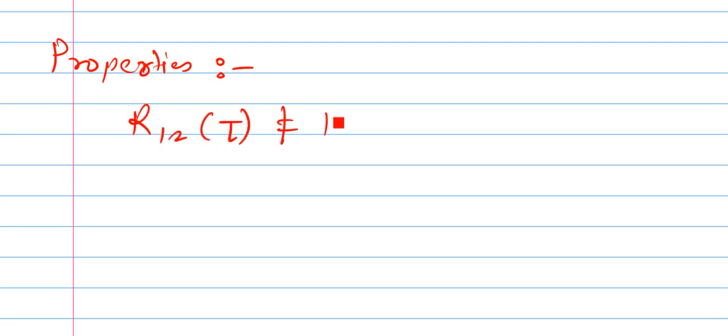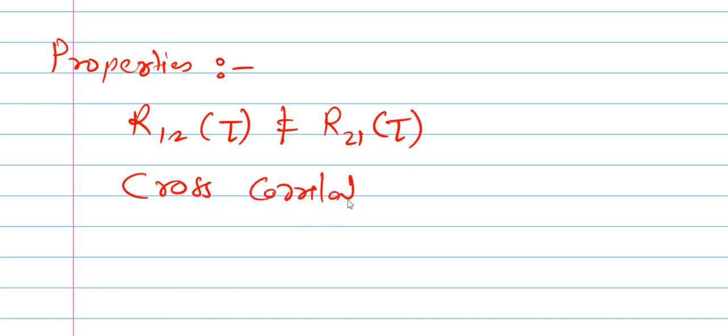So the first property is that r12(tau) is not equal to r21(tau). That means cross correlation is not commutative. So this is the first property.